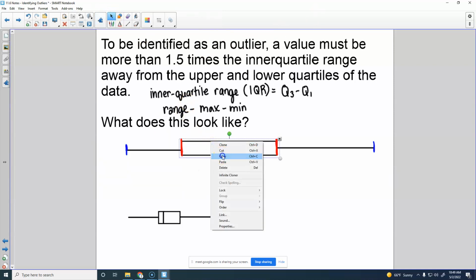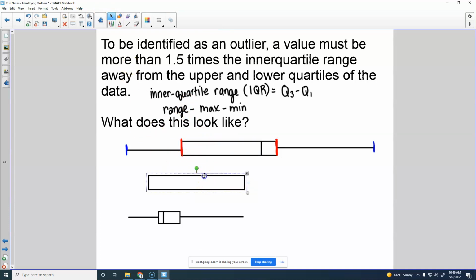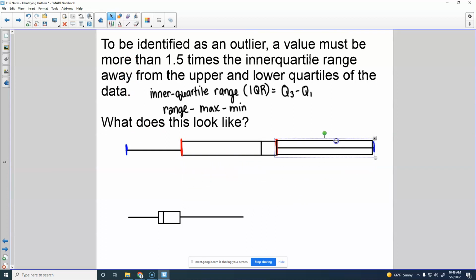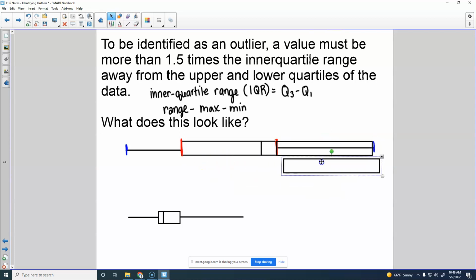I'm going to take this box, I'm going to copy it because I can. I'm going to paste it. So like that length right there is the length of my interquartile range. So for something to be an outlier, it would have to be 1.5 times higher. Let's see if it'll let me. Oh, it's not going to do that very well.